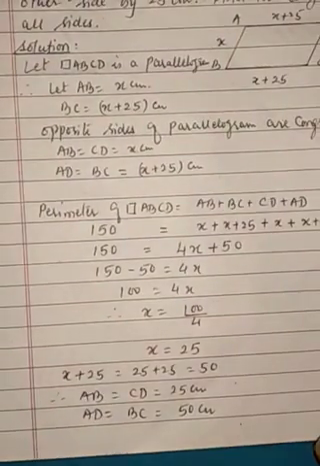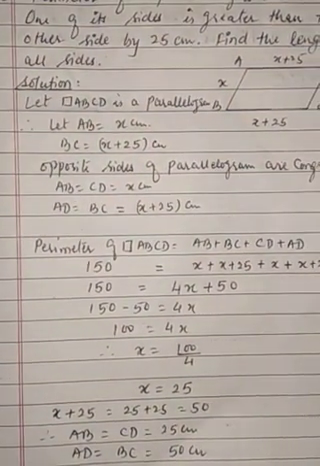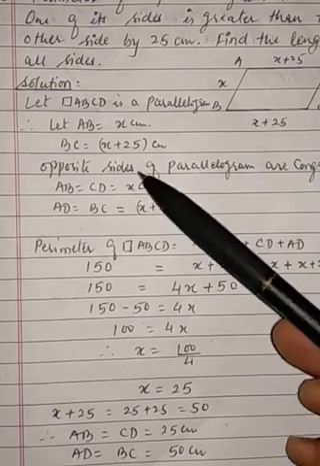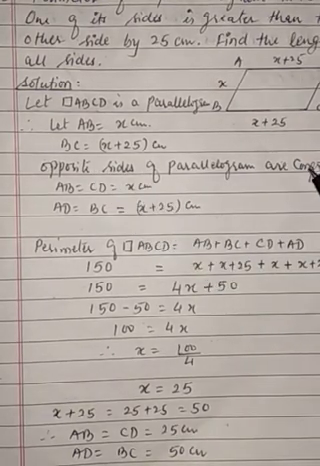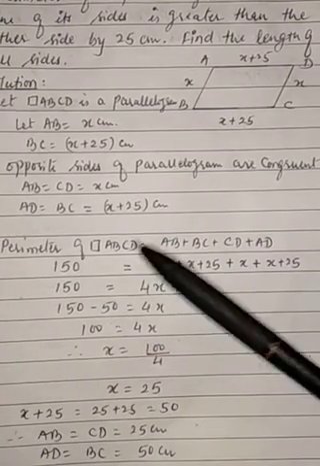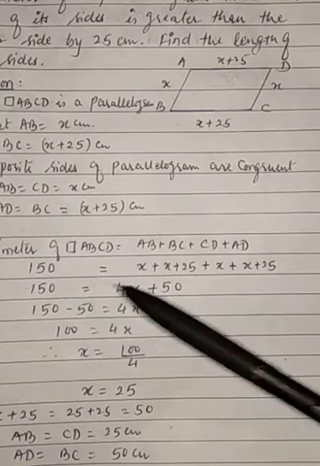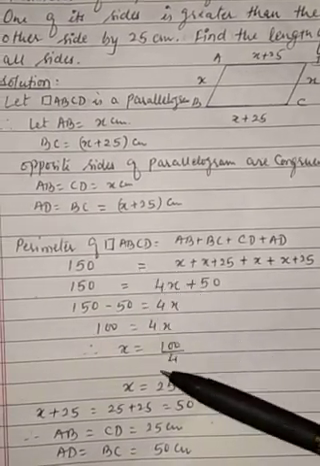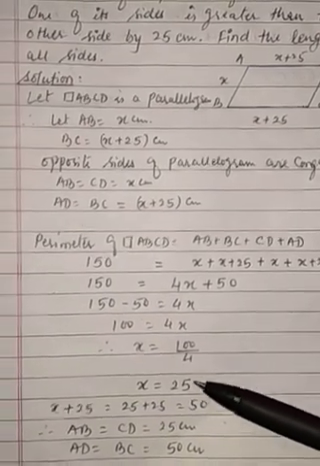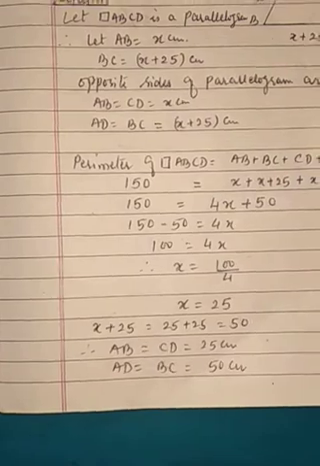So we get all four sides of the parallelogram. Okay, so see what are the properties that we have used here. Opposite sides of a parallelogram are congruent, and the perimeter of any quadrilateral is the sum of all four sides. So this is what we used here to make this an equation. After solving, you get the value of x, and hence you can write the lengths of all four sides.